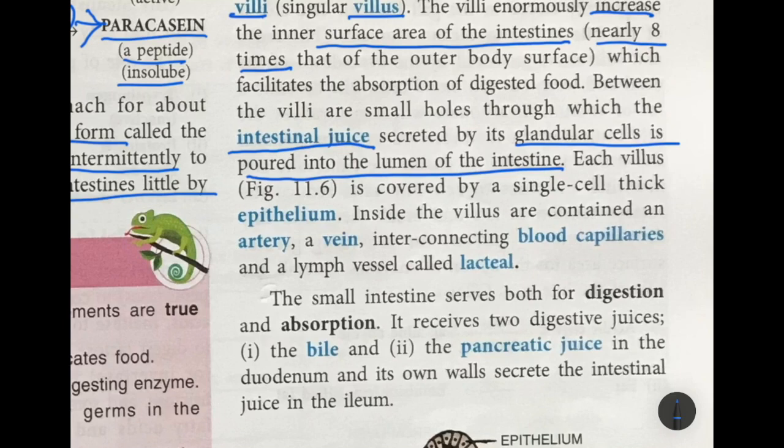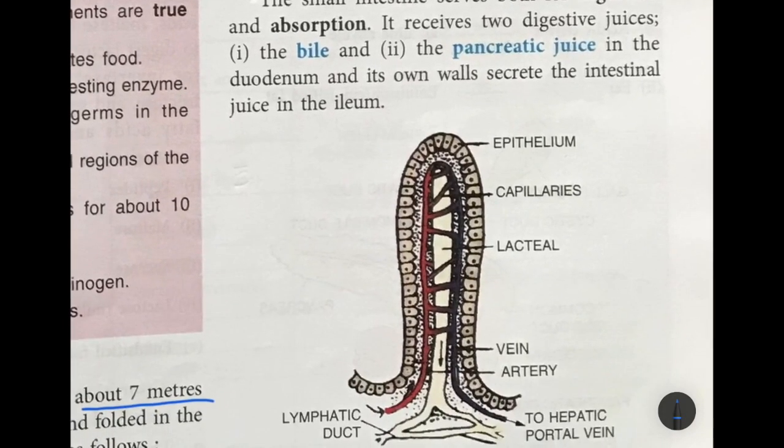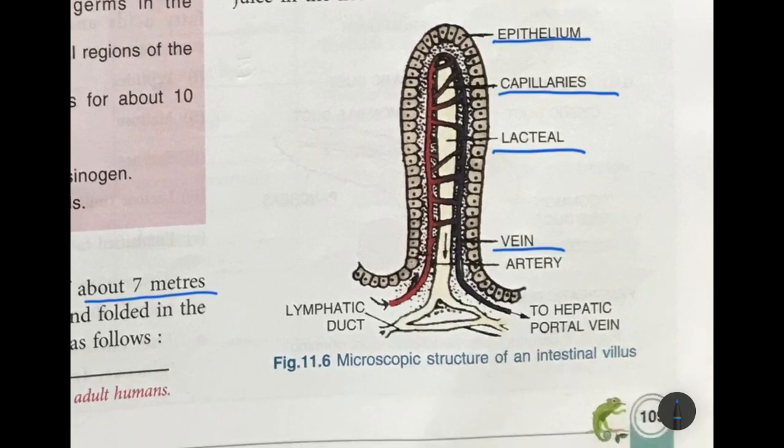Now each villus is covered by a single cell epithelium, and then we have blood capillaries, lacteal, and a vein, which goes towards the hepatic portal vein. Hepatic means liver. And then we have an artery and then lymphatic ducts.